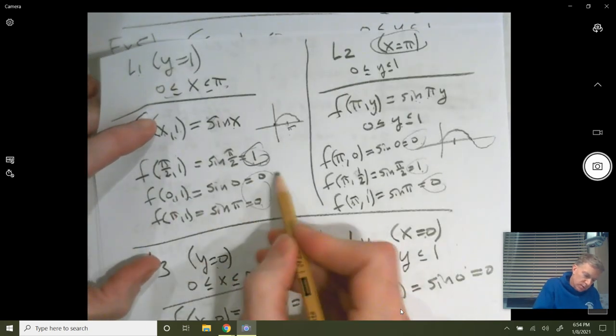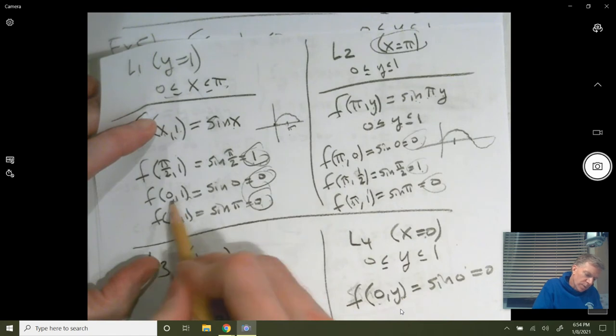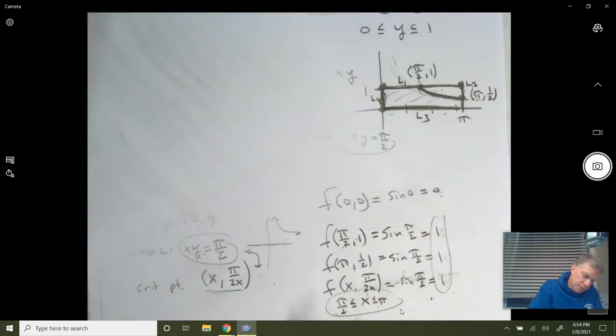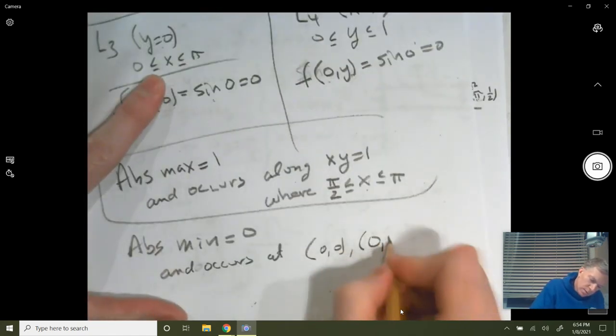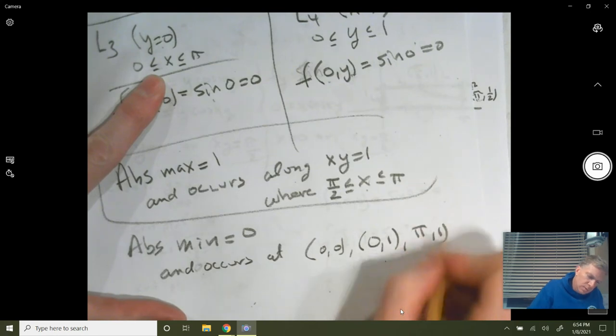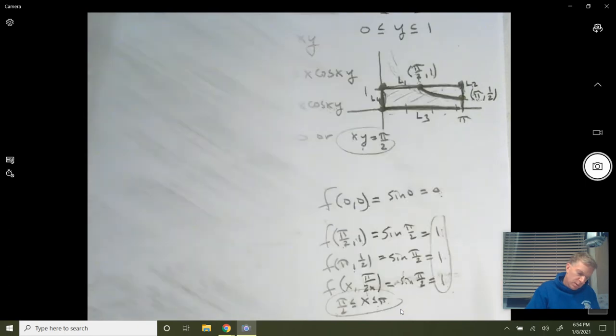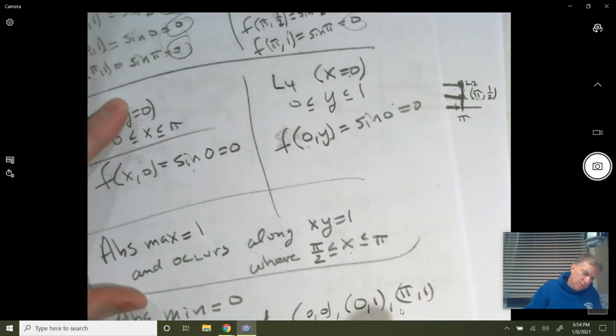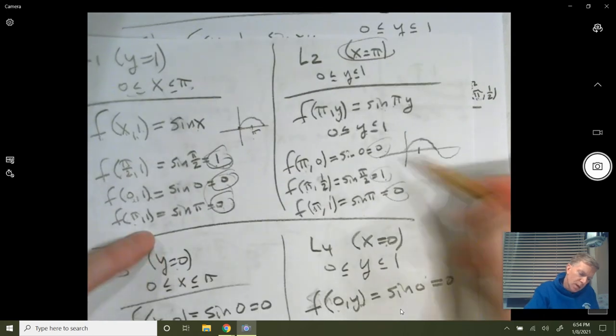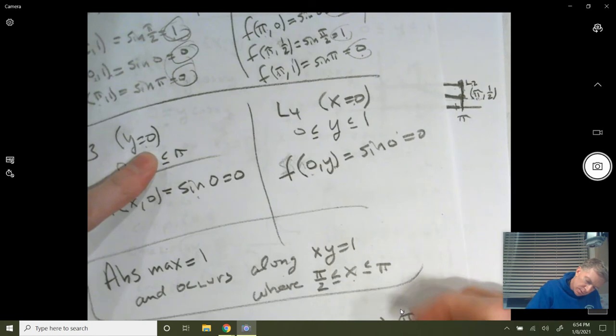So there's our 0 there. (0, 1), (pi, 1). Okay, anywhere else? (Pi, 0). Do we have that one? Oh, (pi, 0). (Pi, 1). Oh, we already have that one.